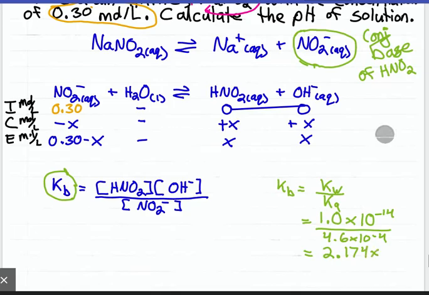Actually, I'm carrying 2 extra digits, which is something that you should be doing as well. So I've solved for my Kb from Ka, and then I'm going to sub in all my values into the equilibrium expression, and I'm going to go from there.